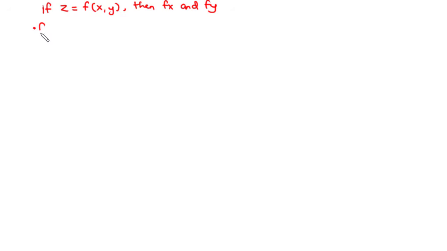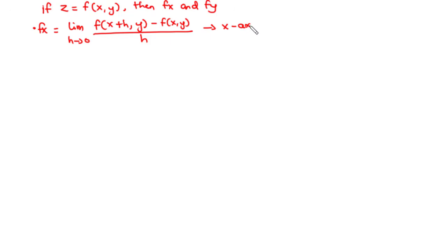Now fx in terms of limits is given by the limit as h approaches 0 of f of x plus h, comma, y, minus f of x, y, all divided by h.